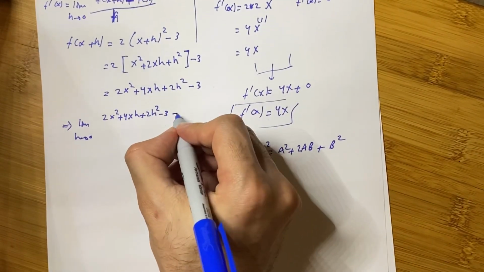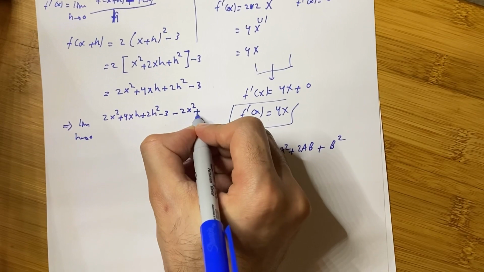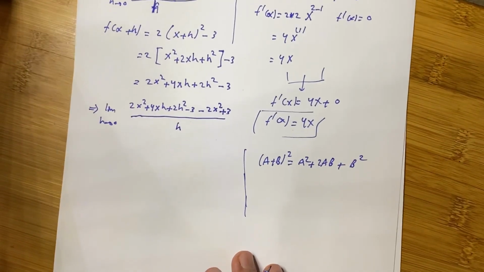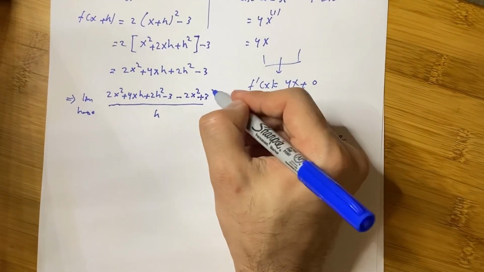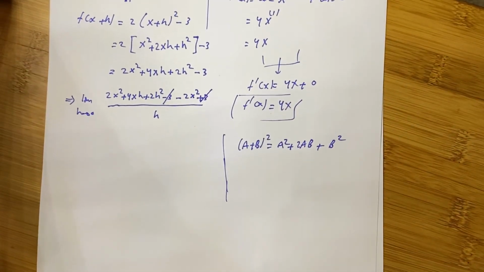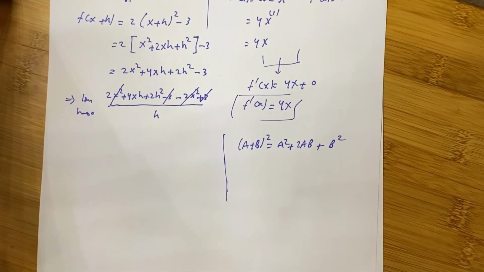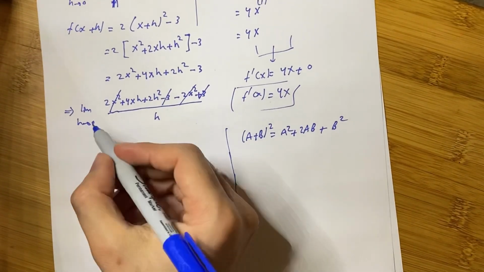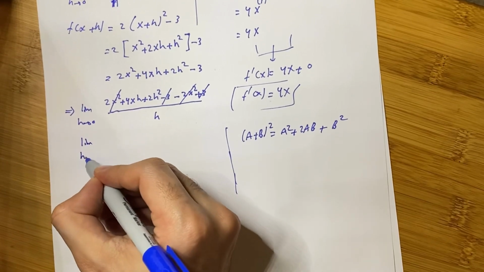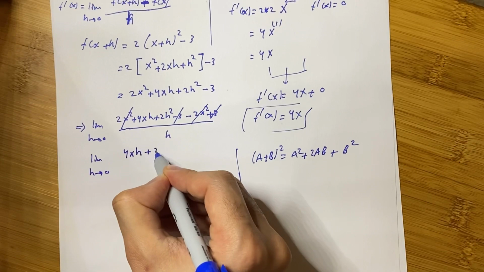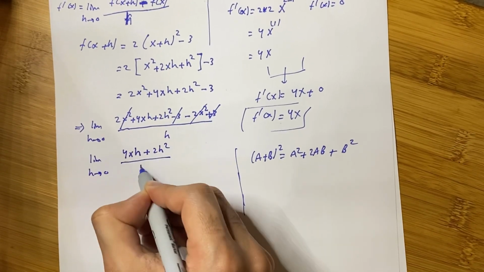So it's going to be minus 2x squared plus 3, and then over h. Now let's simplify. Positive 3 and negative 3, and then negative 2x squared with 2x squared. So what's left is the limit as h goes to 0 of 4xh plus 2h squared over h.